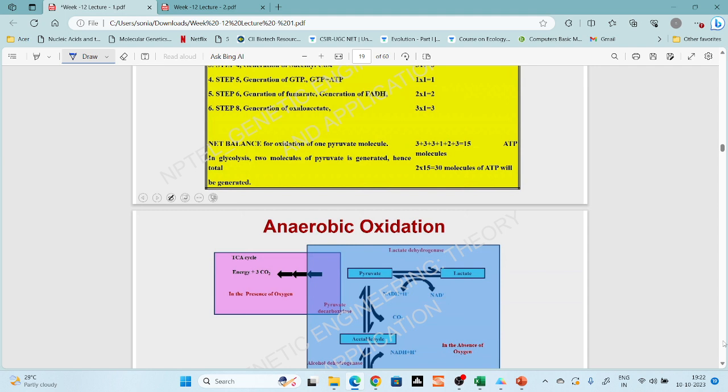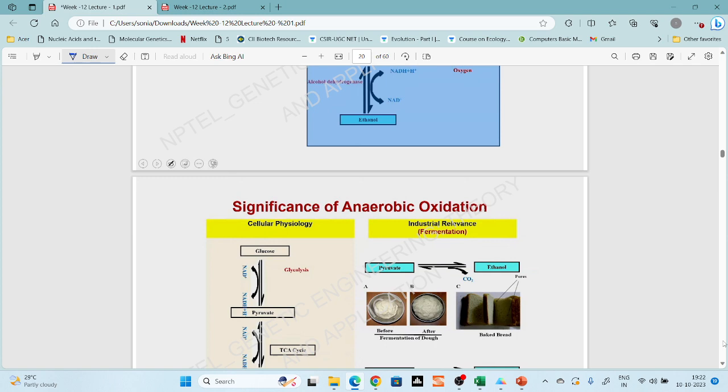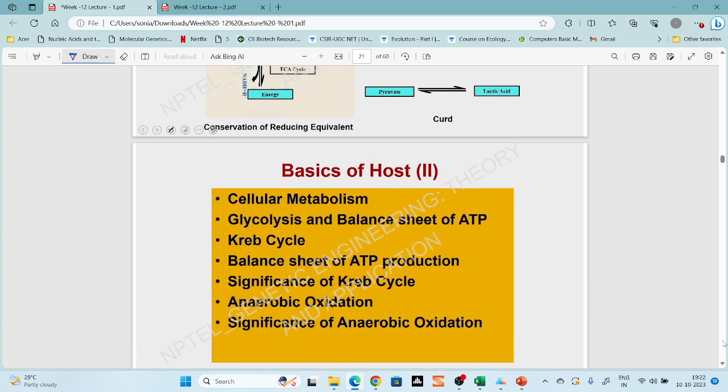Then if anaerobic oxidation takes place, that means if oxygen is not present, then how the formation of lactate and ethanol takes place, and what are the significances of those anaerobic oxidations. So we have studied the metabolism of the host, how the host is behaving, with the help of the glycolysis pathway and the Krebs cycle.